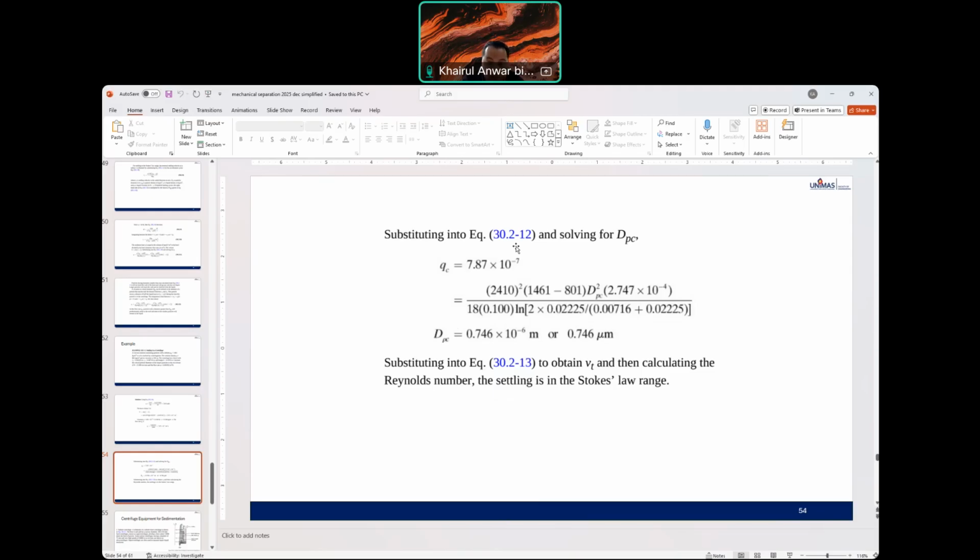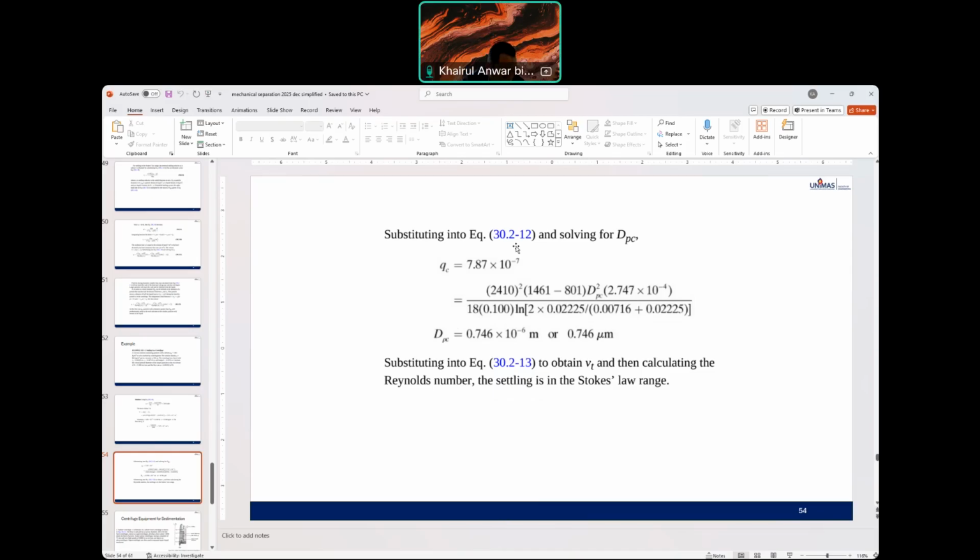So 30.2-13, if you refer to the book, page 1437, is a special case for settling, where the thickness of the liquid layer is small compared to the radius. Equation 30.2-8 can be written for constant r equal to R2 and dP equal to dPc.